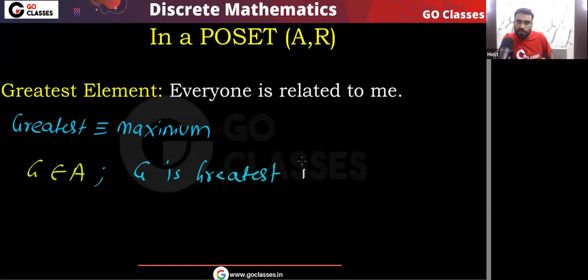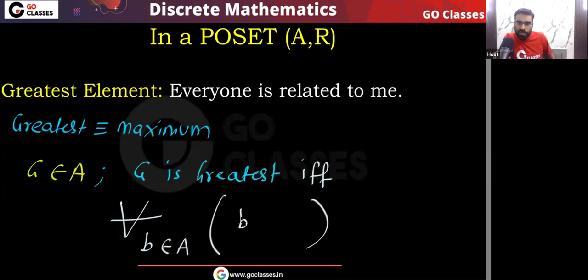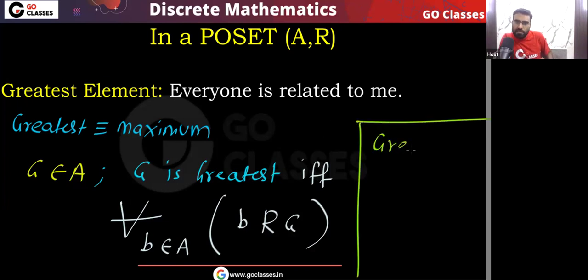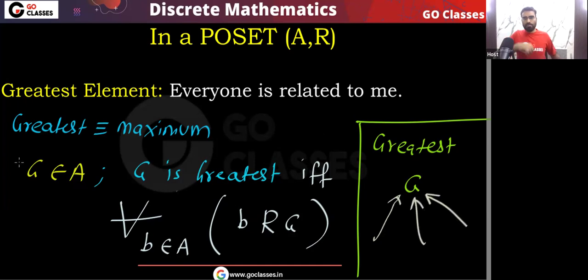G is greatest if and only if everyone in the base set is related to me. So the greatest element G says that everyone is related to me.